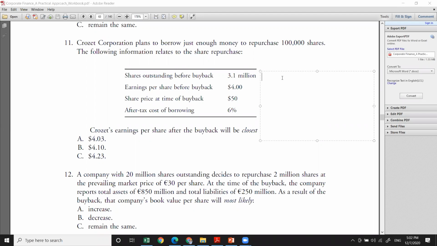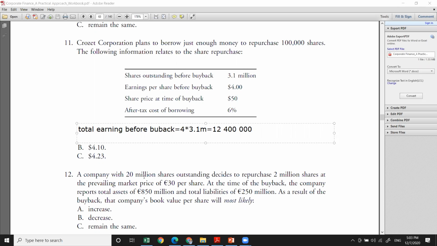So total earnings before buyback is equal to $4 earnings per share times number of shares outstanding, which is 3.1 million, which is 12,400,000.